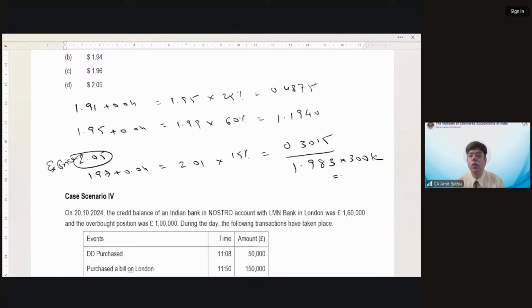This comes to 594,900 plus interest 5.5% into 12,000. 5.5% into 12,000 is coming to 660.